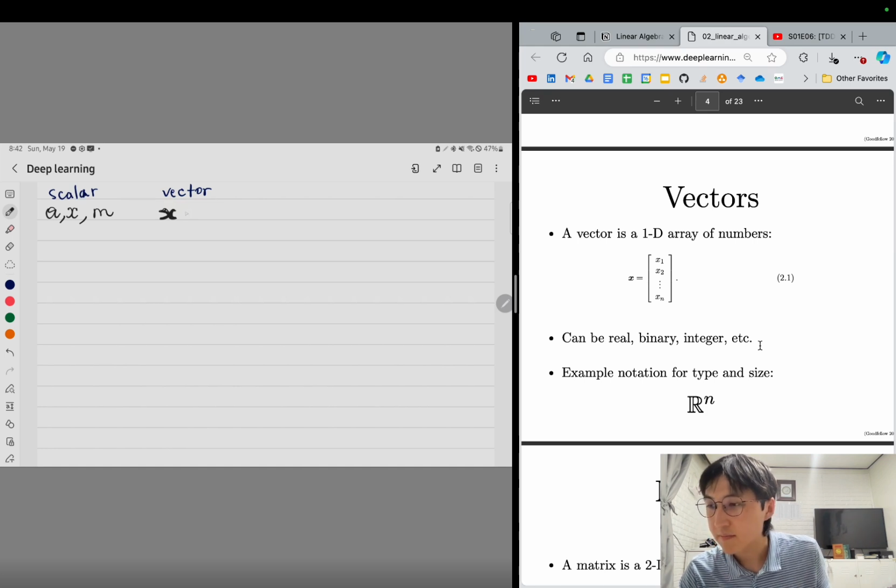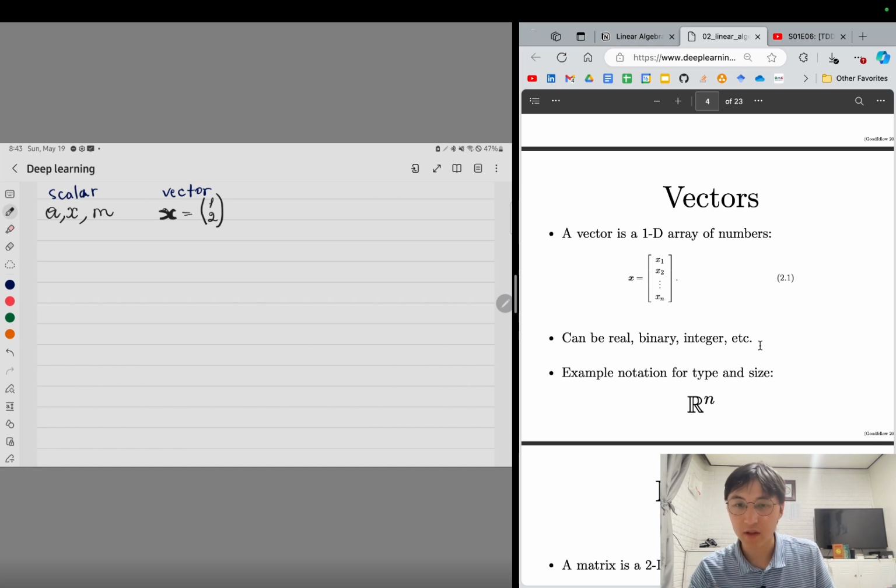It's an agreement. So maybe if x equals 1 and 2, it means that we have a 1D array of numbers, and the length of these elements is 2, and this vector is 1D. And we can say that vectors consist of scalars.